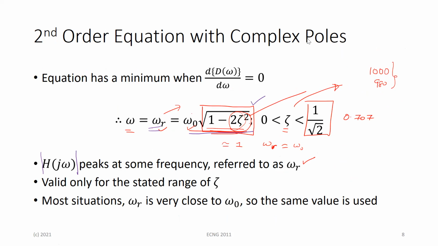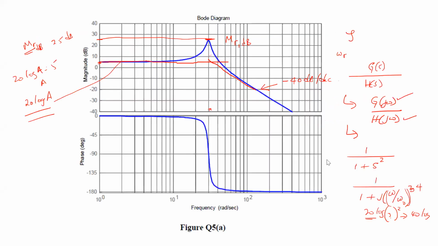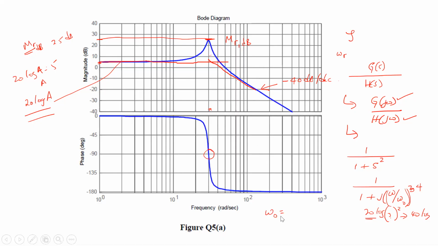And if you go back now to the question, where was the question? This one. So you're given everything now. You calculate from here. Now, if you go to the phase plot, you could see, what is omega 0 for this? If I look at this, this is 10 here.